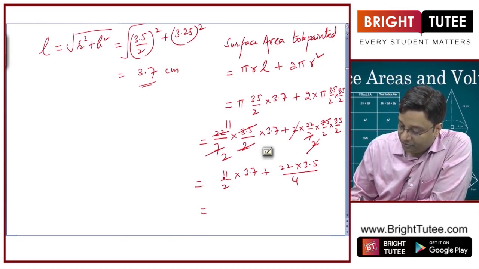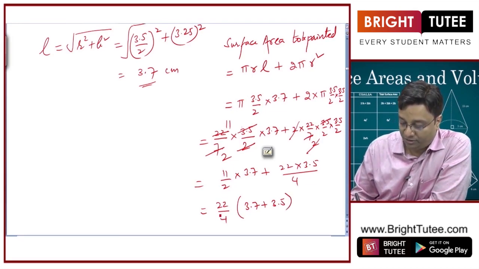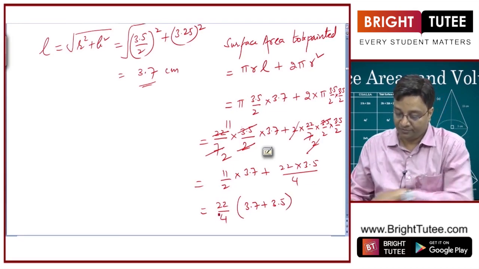So what we can do is, we can write it as 22 by 2 also. If I take 22 by 4 as common, inside I will have 3.7 plus 3.5. 11 by 2 can also be considered as 22 by 4.